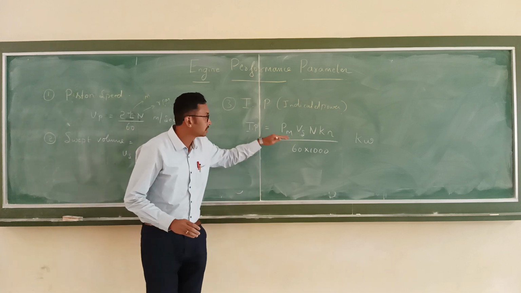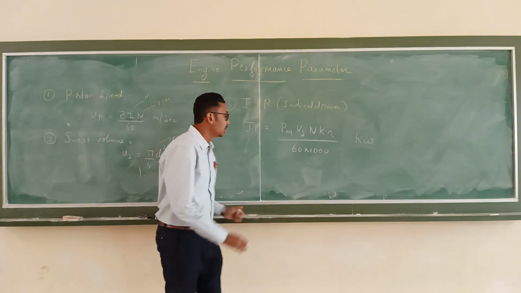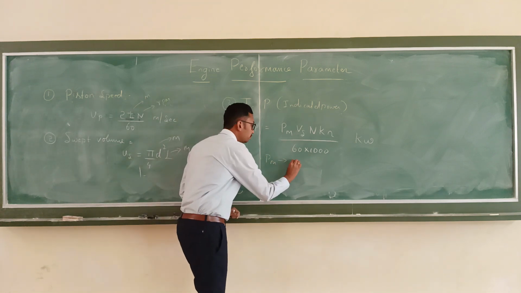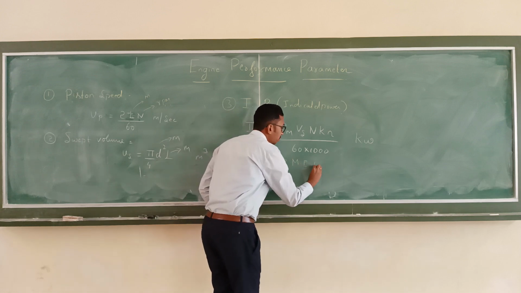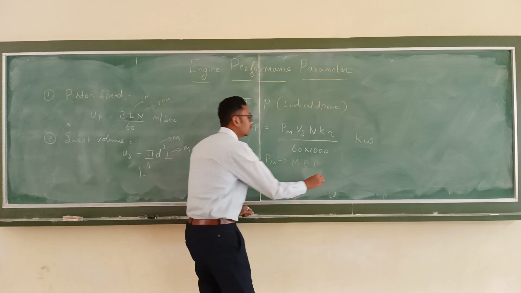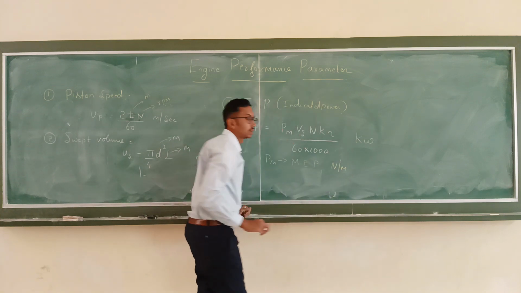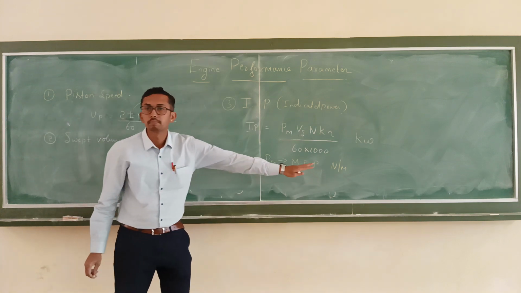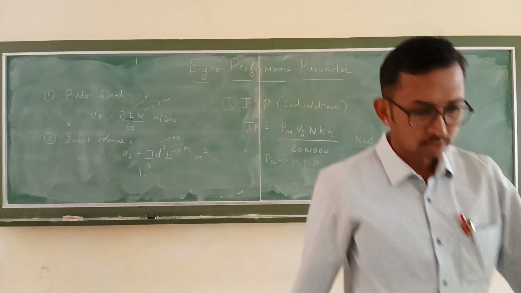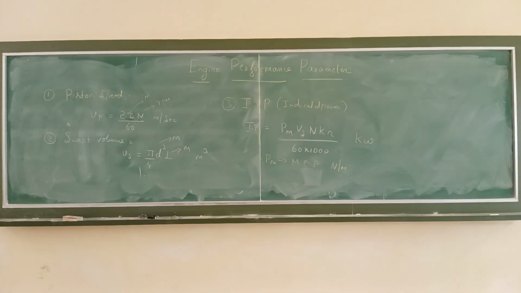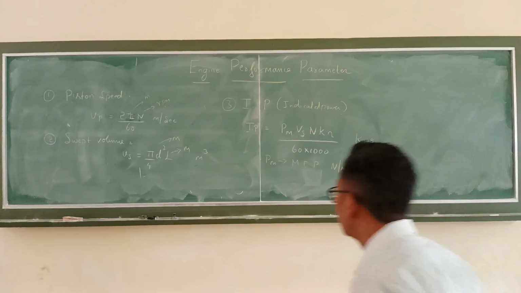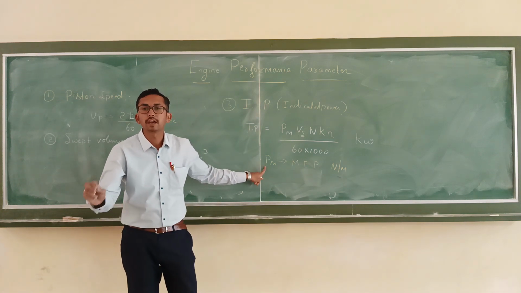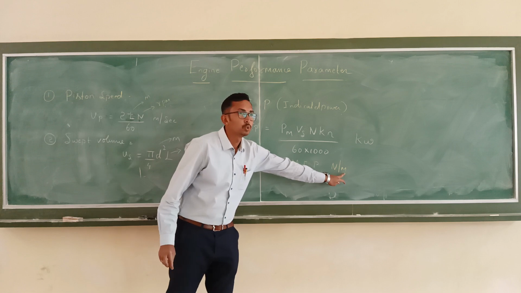Now the important thing is, what are the important factors over here? PM represents mean effective pressure, and the unit of this will be Newton per meter square.